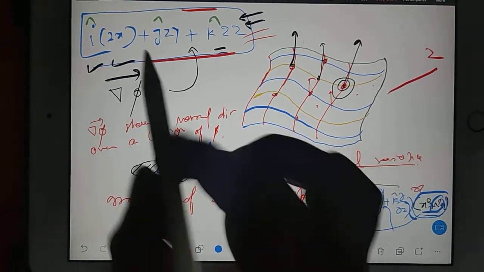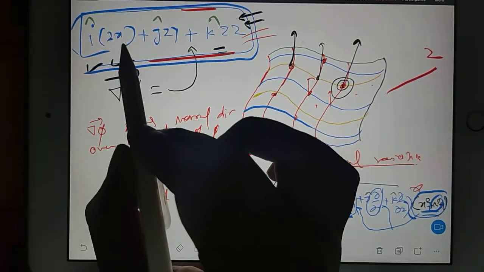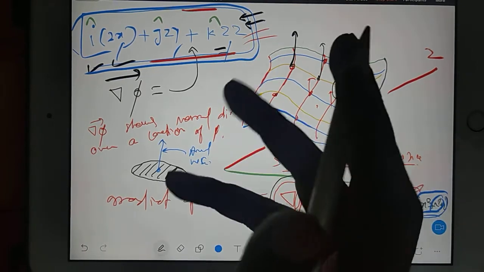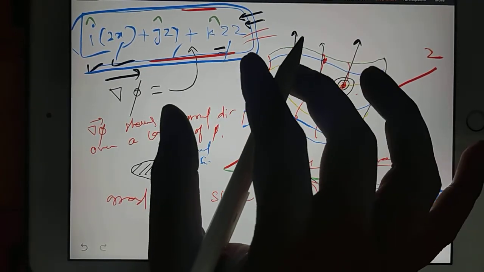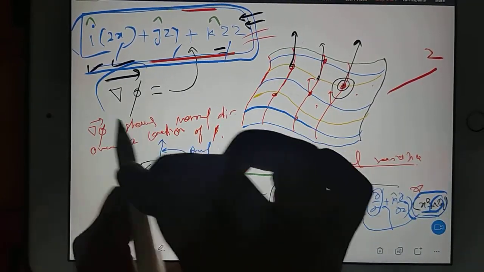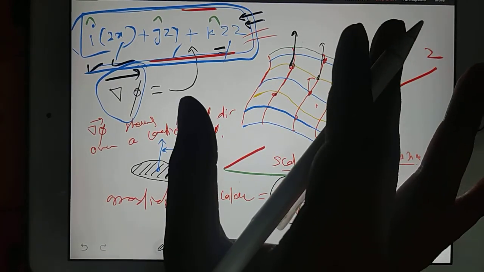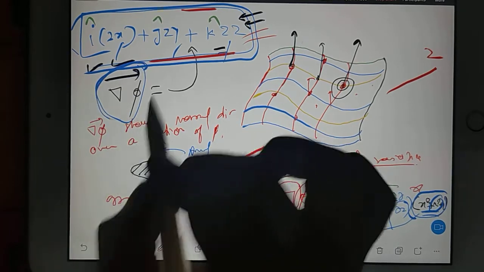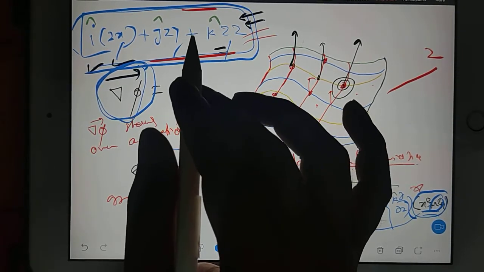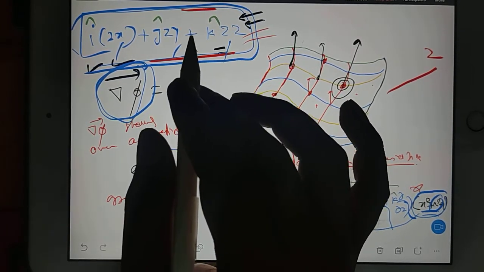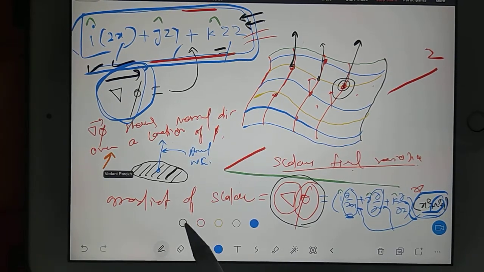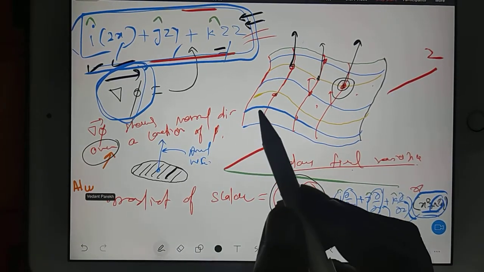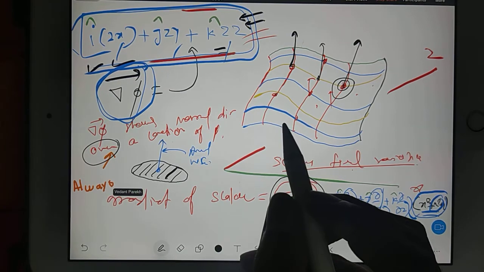Now this grad phi itself is a function of x, y, z. So wherever you want, you can put x, y, z locations, the coordinates, and you can find the exact vector. Loosely you can say that whatever gradient we find out converts scalar into vector, but this is not the reality.